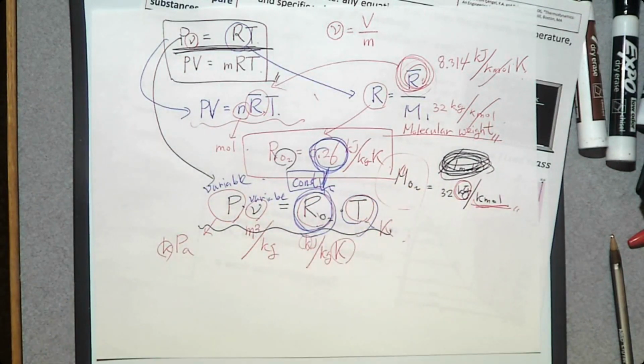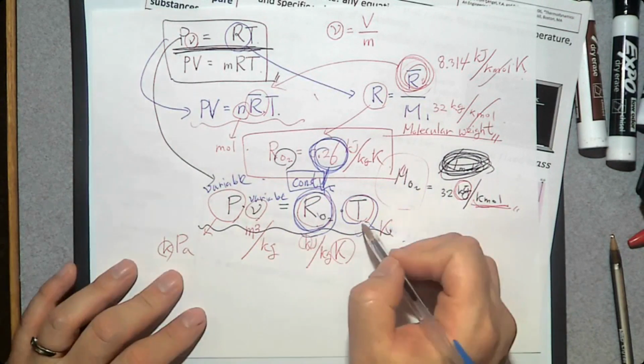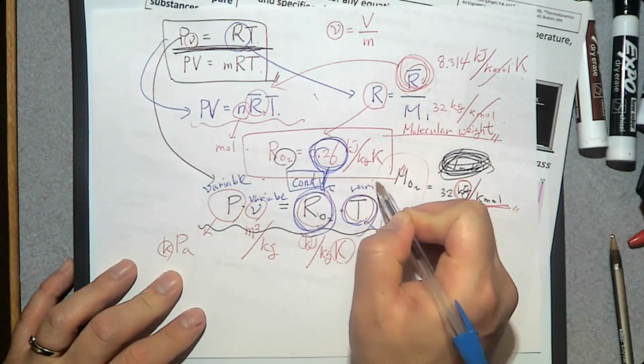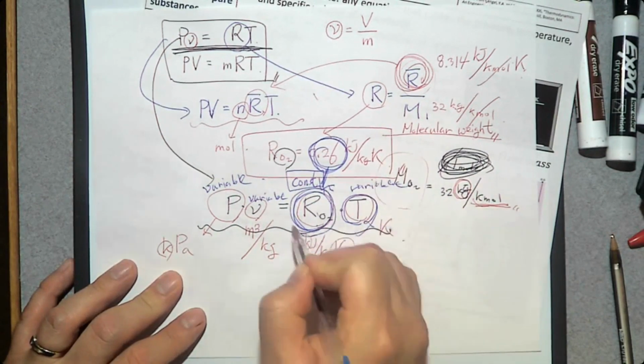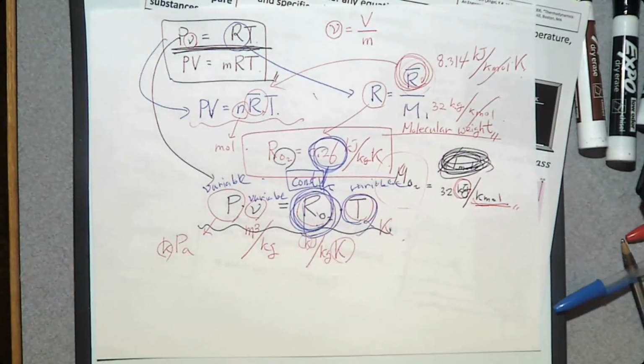Right now it is about 20 degrees Celsius. If we keep running the air conditioning, temperature goes down. If I turn it off, temperature goes up. So the temperature of the air in this classroom can be any number, right? So this one is also a variable. However, the gas constant of oxygen should always be this number, no matter how high the pressure is or how high the temperature is. So this one is the only constant in this equation. This one is variable.